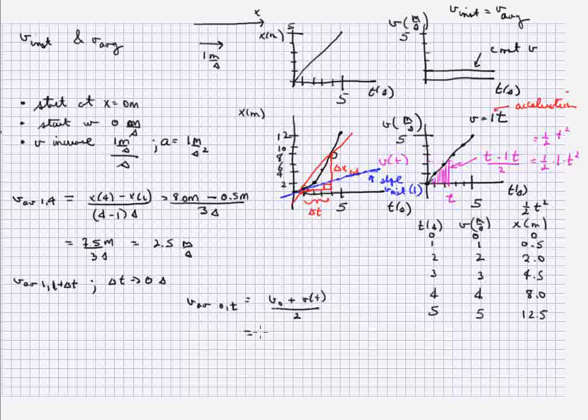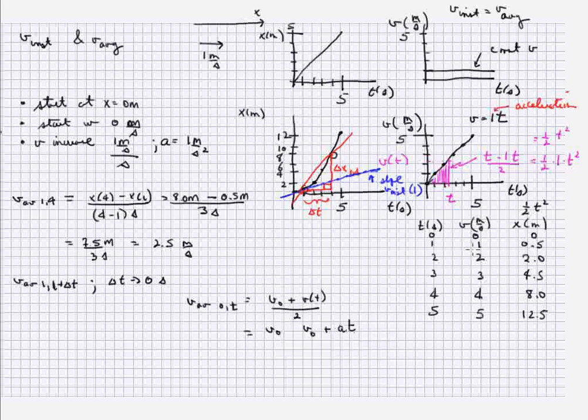But that's equal to v naught, okay, the velocity at time t is going to be equal to the velocity at time 0 plus whatever the acceleration is times t.